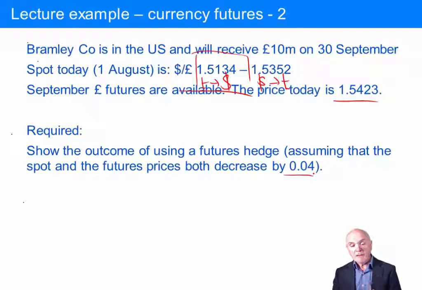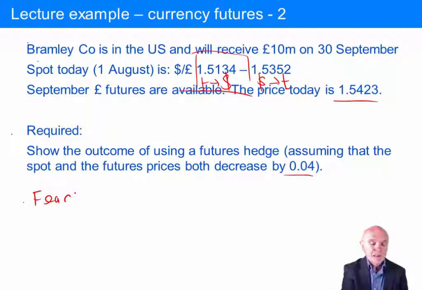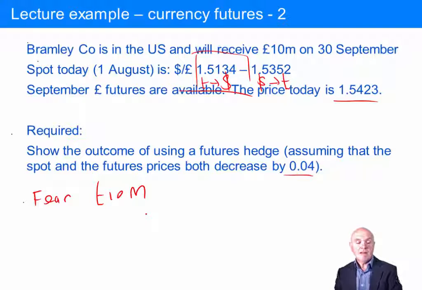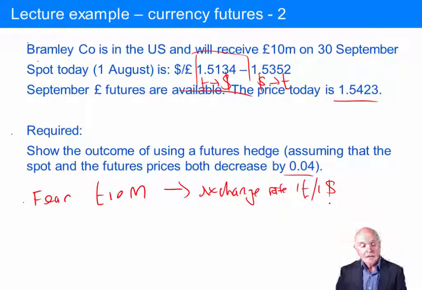Now we can go the long way round, or not the long way round, but the kind of explanatory way round here. What do we fear? Well, we're getting 10 million, and what would happen if again the exchange rate moved, so let's say the exchange rate went to say £1 per $1, if it went to parity, then of course this 10 million would only come up to be $10 million.